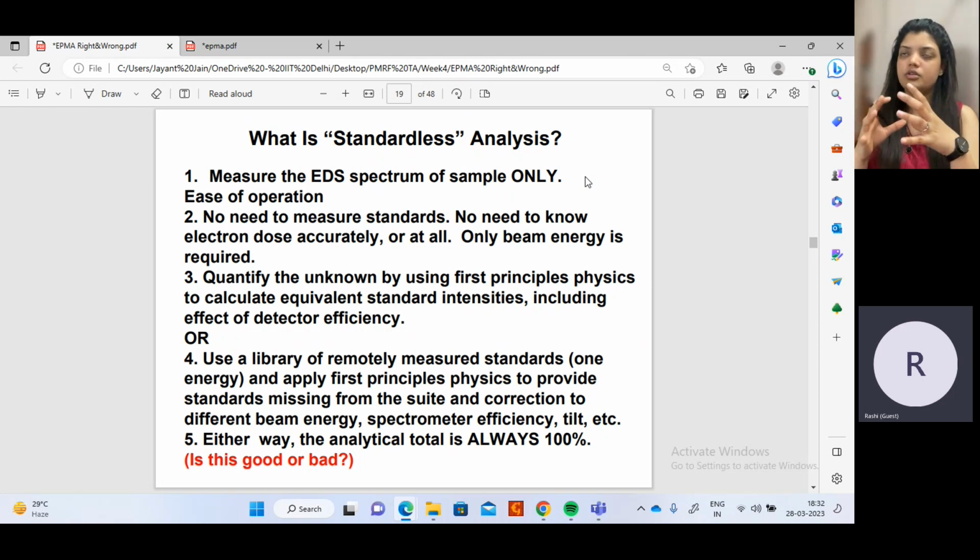We just have to see how much percentage is present in the whole sample: the percentage of magnesium, the percentage of copper, whatever X element, Y element, Z element, how much composition is present is all I care about. So whether standardless analysis is good for you depends upon what you are looking for.